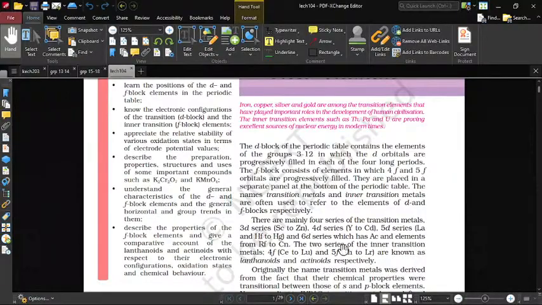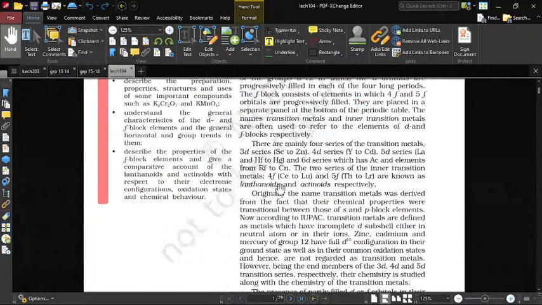The two series of inner transition metals, 4f, that is cerium to lutetium, and 5f, thorium to lawrencium, are known as lanthanoids and actinoids respectively.